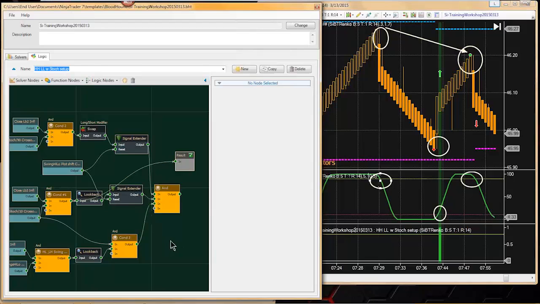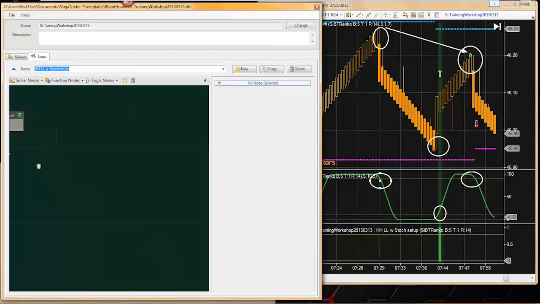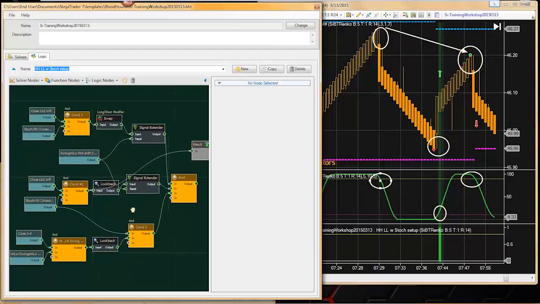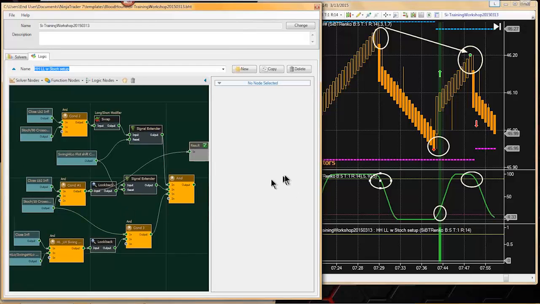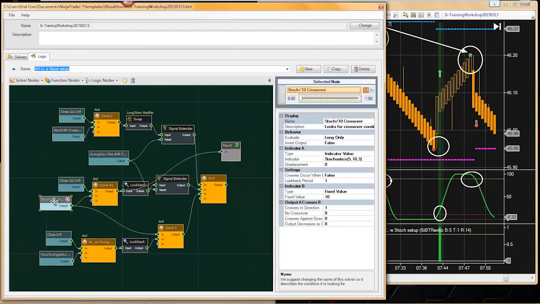So I'm missing a crossover solver here. Is really what's happening.